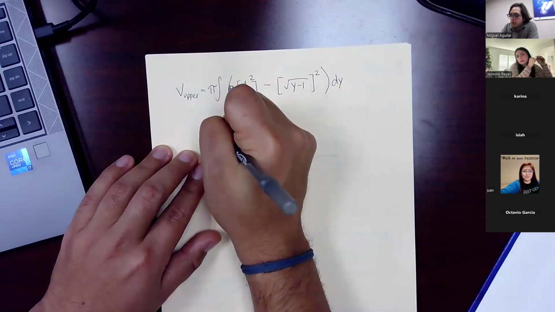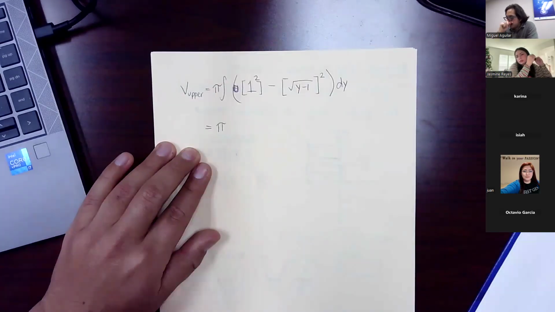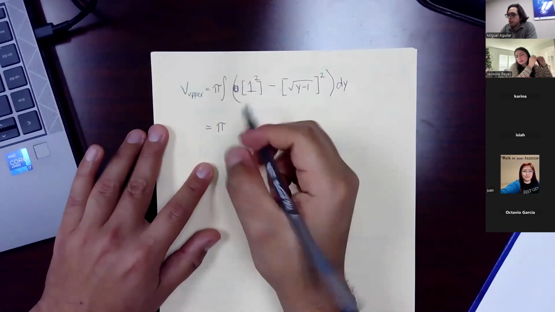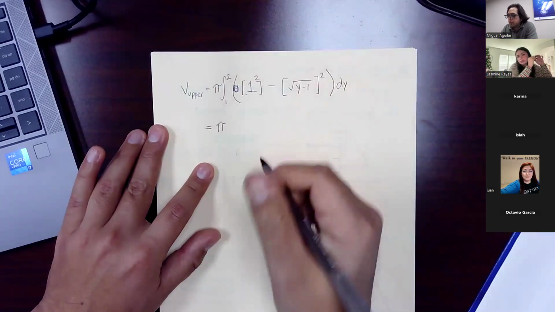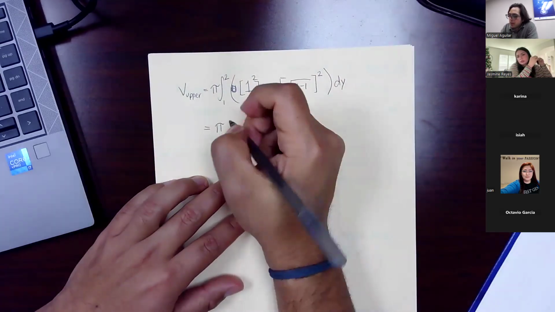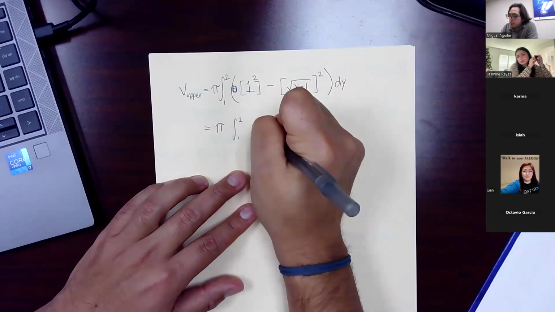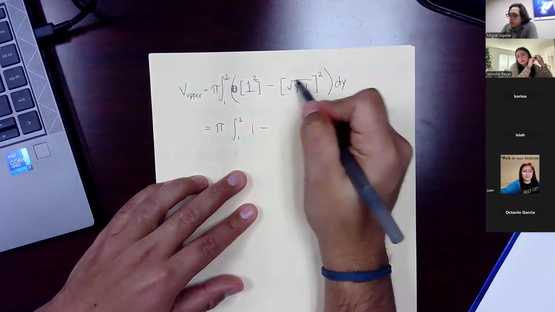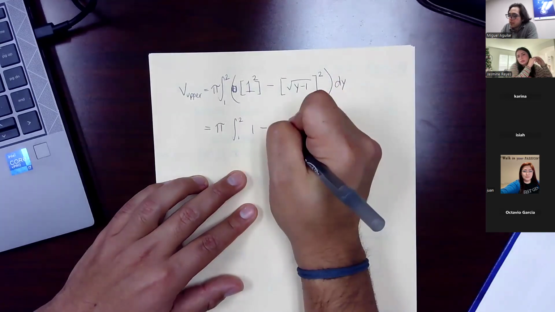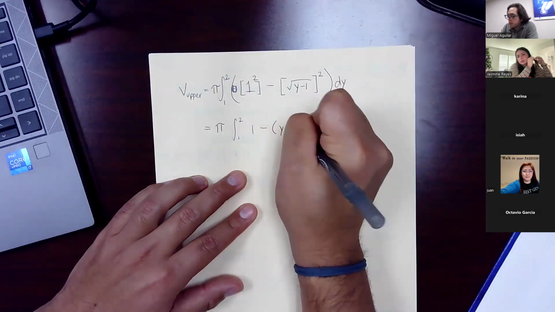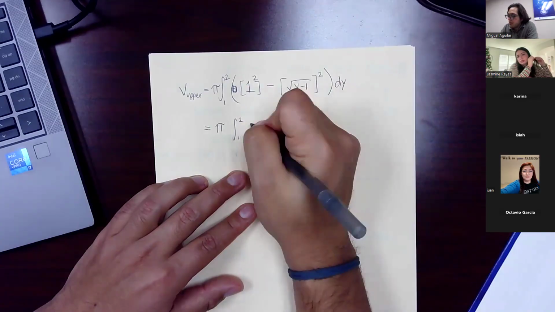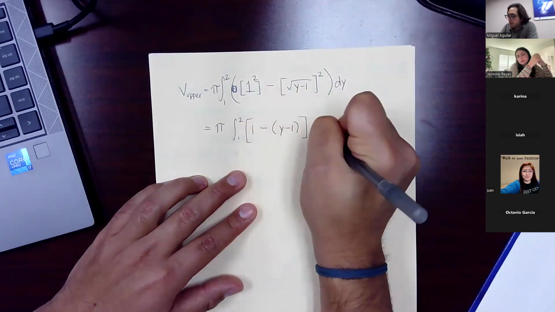So we have now pi, and we're just integrating for the upper region from 1 to 2. Integral from 1 to 2 of 1 minus the square root cancels out this square, so we should just have y minus 1 here, dy.